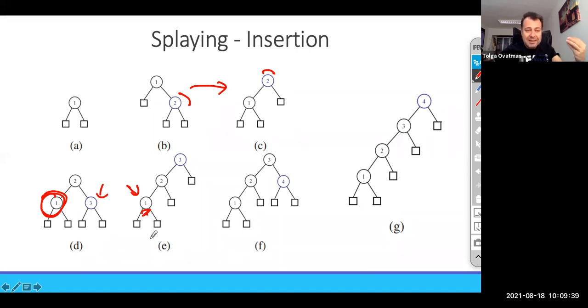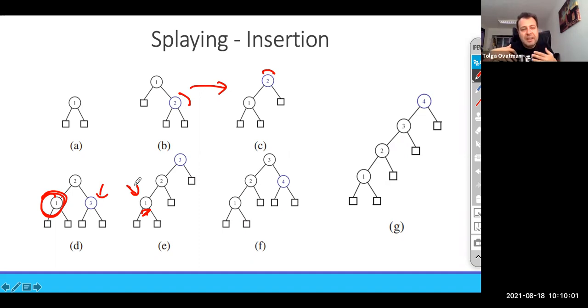This has some meaning because, since this is the oldest, in practice it is not very probable to access this one soon. It might not be the case. You might have a different kind of access pattern, but then you don't use splay trees.